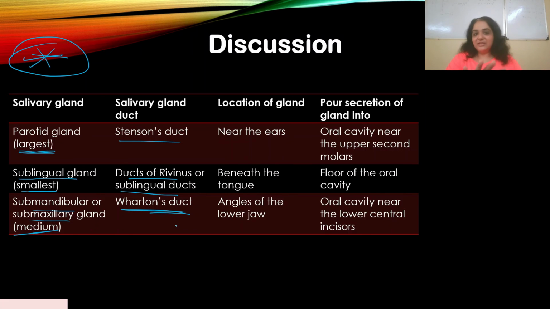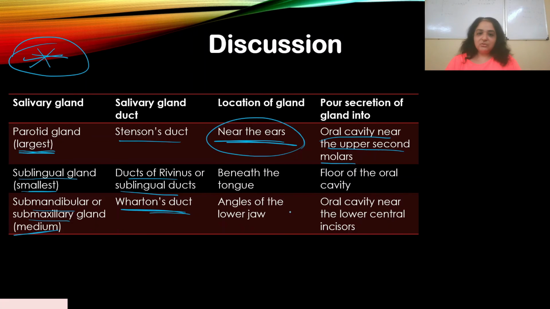Okay, so this is a very helpful table. If you want, you can write it down in your notebooks. The location of the gland: parotid gland is near the ears. They pour their secretion near the upper second molar, the upper second molar.